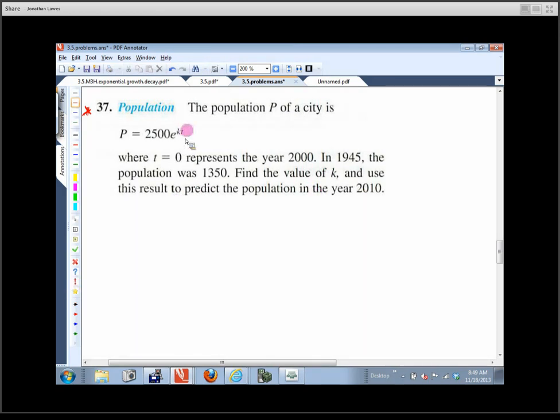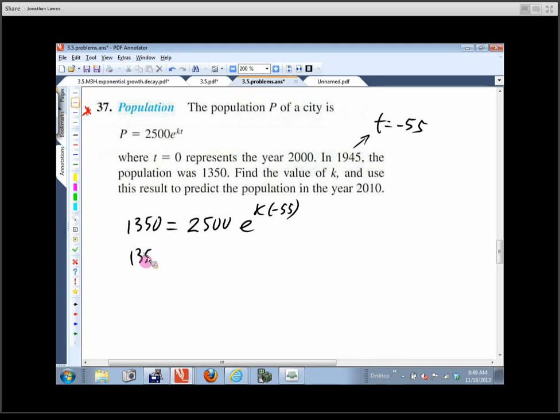So if I went back in time, how far? If 0 represents the year 2000, that'd be negative 55 years, wouldn't it? So it was 1350 55 years ago.